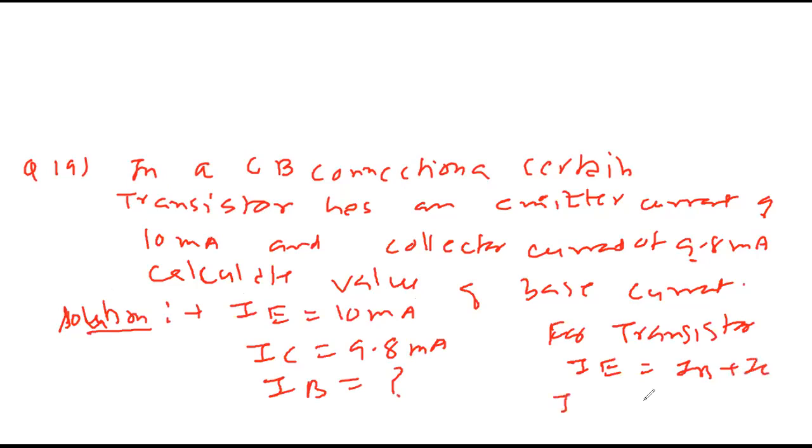So IB will be IE minus IC. Therefore, IB equals 10 minus 9.8 equals 0.2 milliampere. These are 1 mark questions asked in MCQ. Copy.